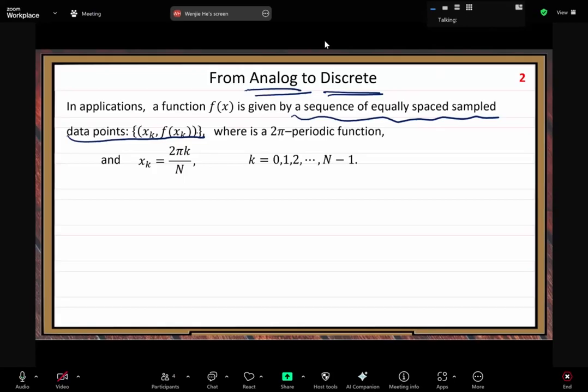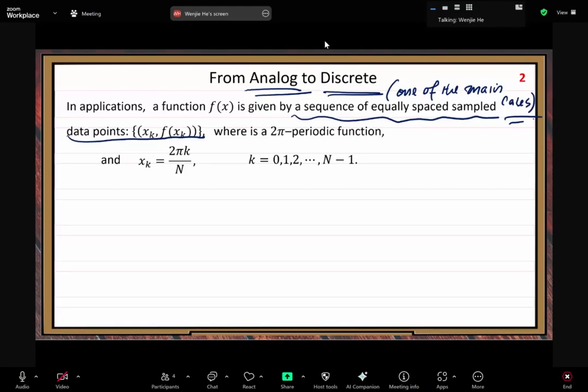That is the main case. But some other signals may not come from equally spaced sampling, because it's very hard to do equally spaced sampling.